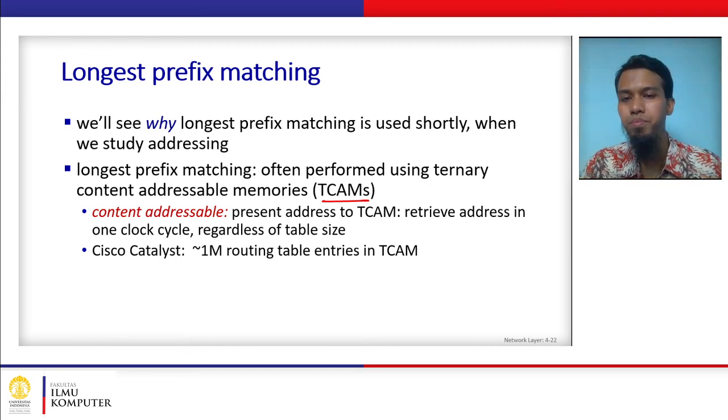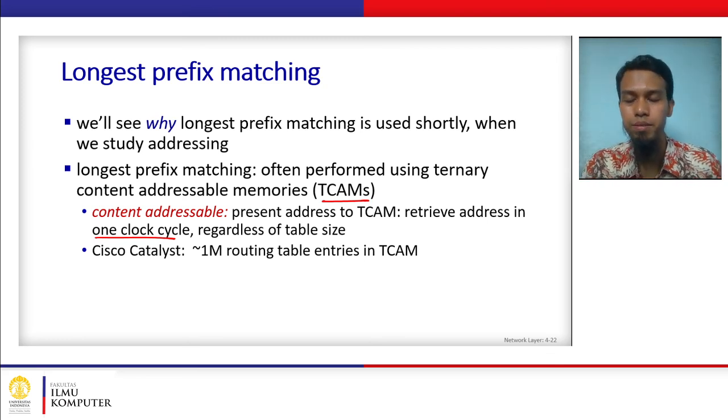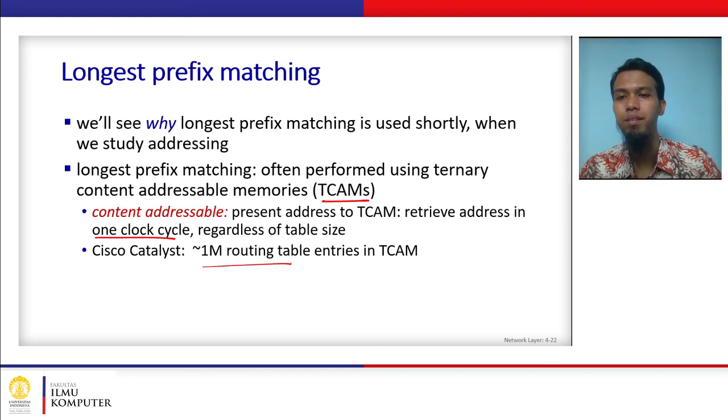It takes one clock cycle, and it can store 1 million routing table entries. So it's quite fast. With a 1 gigahertz clock, it works in 1 nanosecond, or maybe 2 nanoseconds or half a nanosecond. For example, a Cisco Catalyst can store 1 million routing table entries.